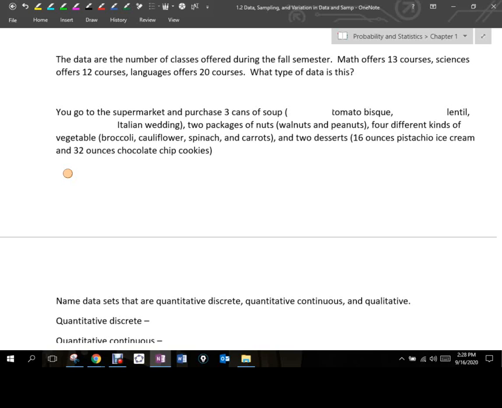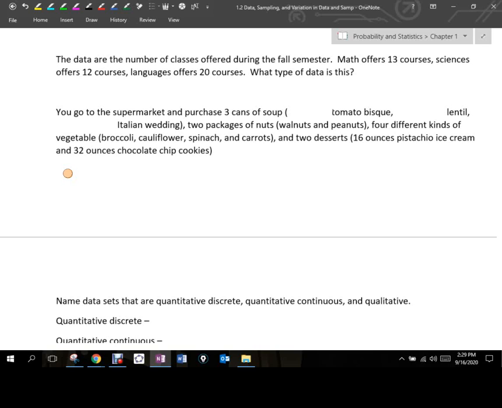Says 2 packages of nuts, walnuts and peanuts. Is that qualitative or quantitative? If I'm talking about how much I bought, we may argue quantitative, but categorically, I've bought walnuts and peanuts, right? And those are qualitative based on the nuts.